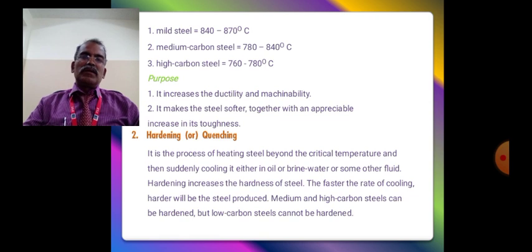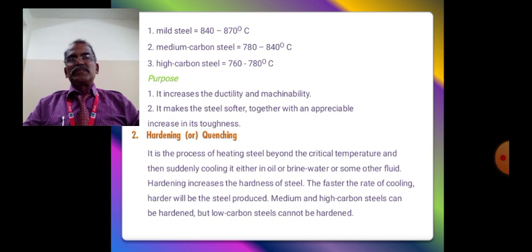The second process is hardening or quenching. In this process, the steel is heated beyond the critical temperature, and the cooling is carried out suddenly, by dipping the hot steel into brine water or some other fluid. This hardening increases the hardness of steel.